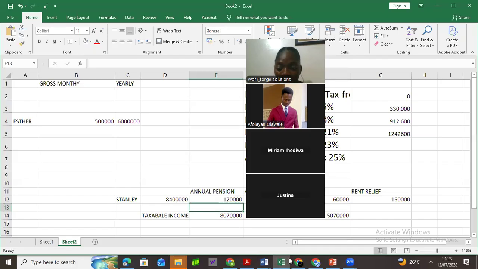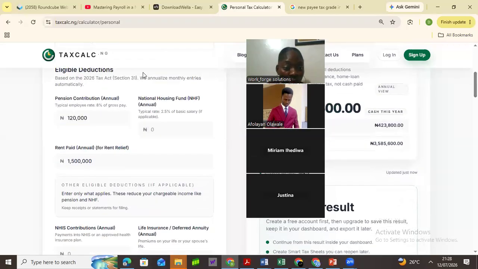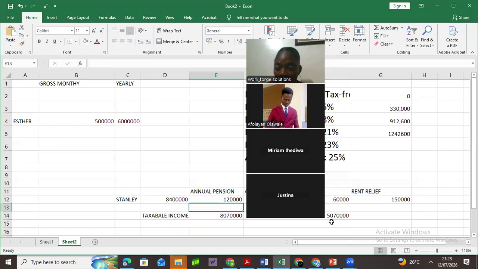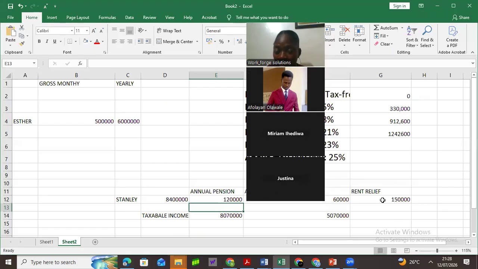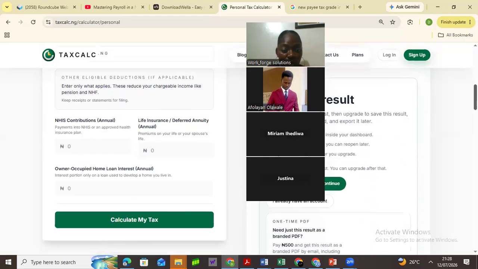Annual pension, 120,000. National Housing Fund, we said 60,000, right? What else did we use? Rent was 750,000, we used, right? Yeah, 750,000. And that was all we used.